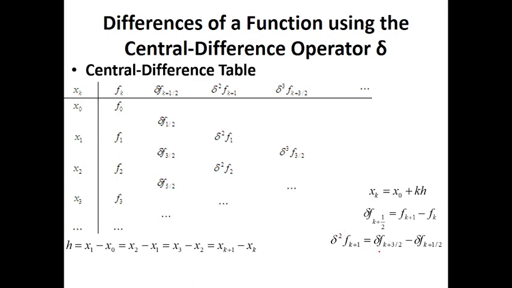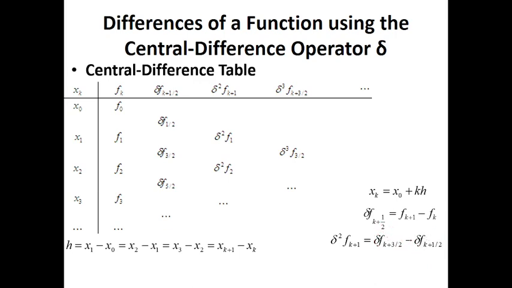We simply subtract the preceding first differences of a function from the successive first differences of a function. That's the pattern. So delta f sub k plus 3 halves minus delta f sub k plus 1 half.